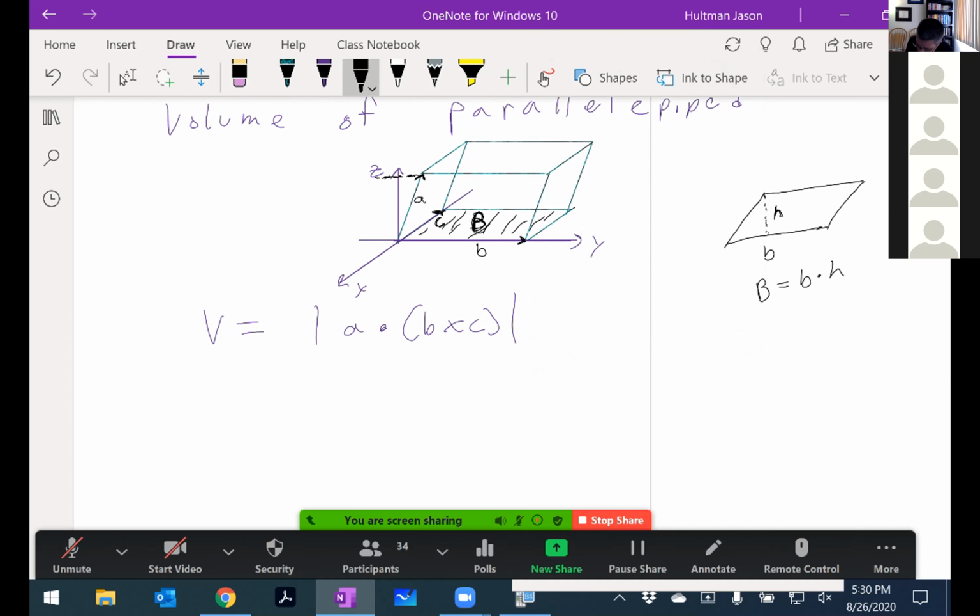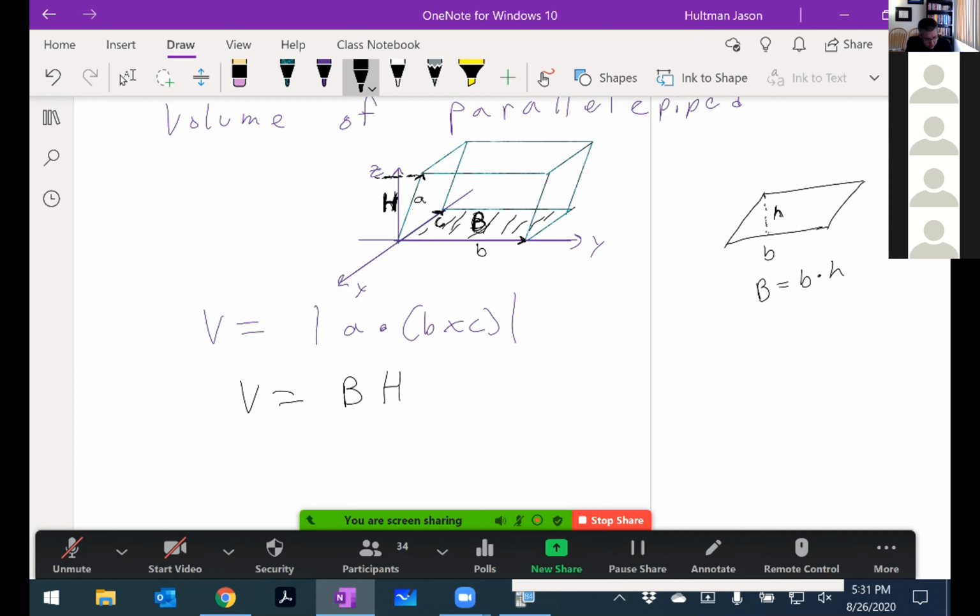That's the height, right? So we'll call this H for the height, or maybe capital H. We'll call it capital H, because we're calling this capital B. Okay, so the height there. So the volume is going to be B, the base area, times H. Does that make sense? The base area times H. Okay.